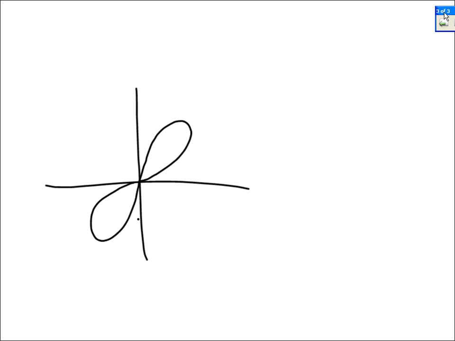Now, what we're going to sketch are called multi-leaf roses. Now, I have a really neat way of doing this. So here is a multi-leaf rose.